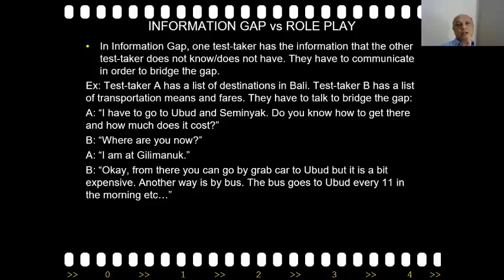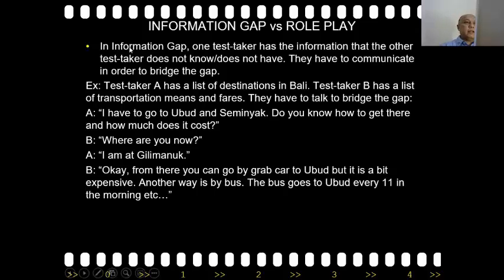One of the test takers has information that the other doesn't know, and then they have to communicate. They have to communicate in order to bridge the gap, to let each of them know each other's information by exchanging dialogue, by speaking or by writing or by a combination of both.